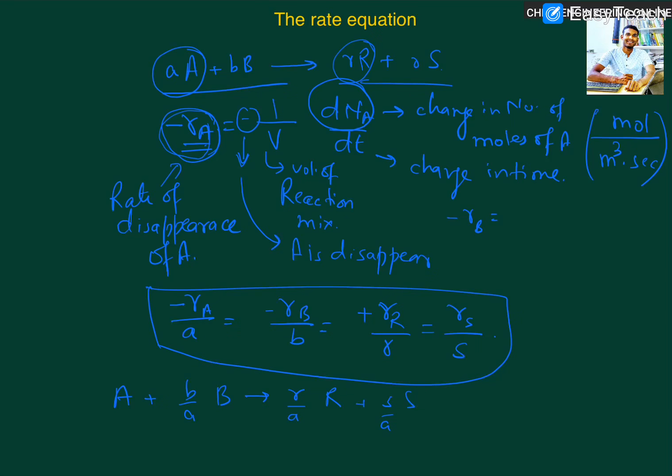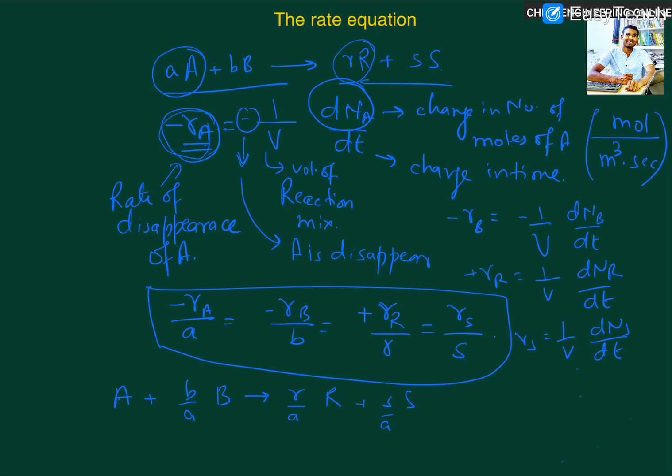So if you write for minus Rb, this will be minus 1 over V dNb over dt, and similarly you can write Rr as 1 over V dNr over dt, and Rs as 1 over V dNs over dt.